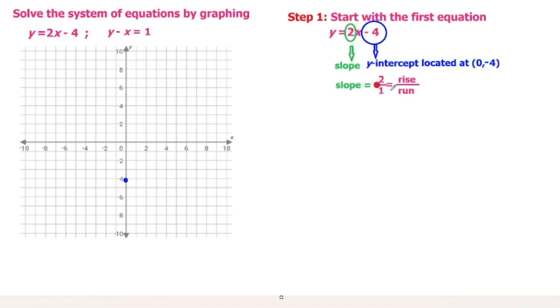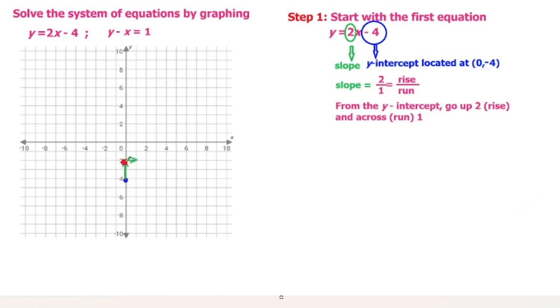But that's the same as 2 over 1, which equals the rise over the run. So you start from the y-intercept, go up 2, which is the rise, and then across 1, which is the run. So you would rise 2 and run 1. If you had arrows, that's how it would look.